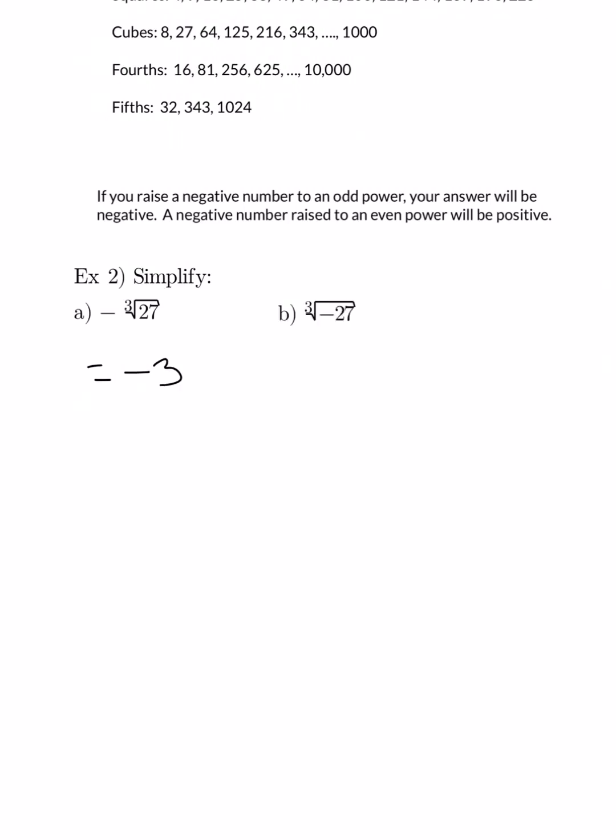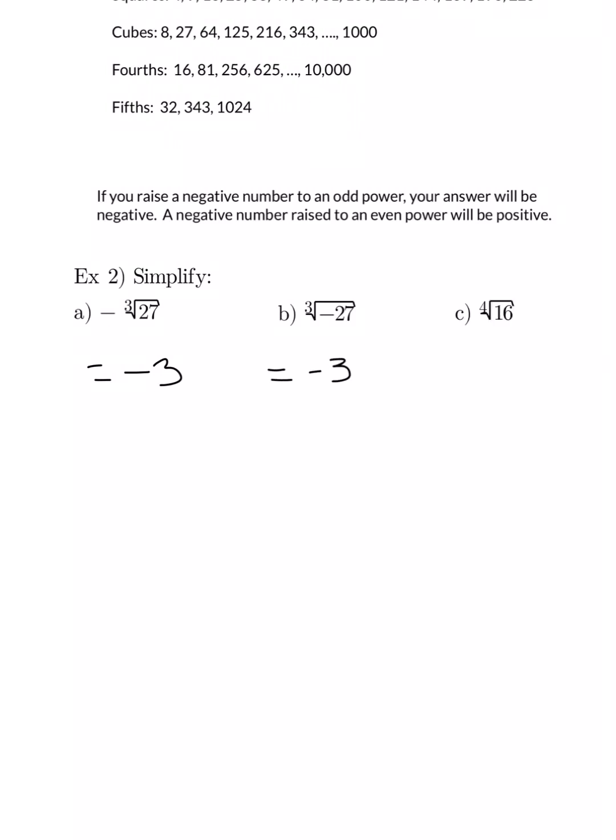On our second one, we are doing the cube root of -27. Can I do the cube root, an odd root, of a negative number? Yes, I can. The number that you multiply times itself 3 times to get -27 is -3.